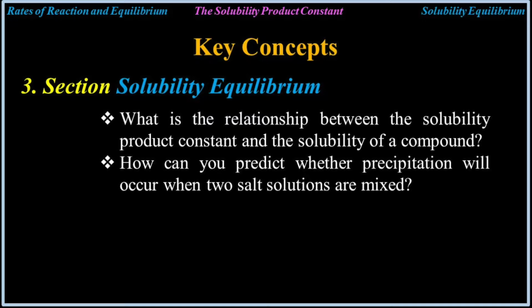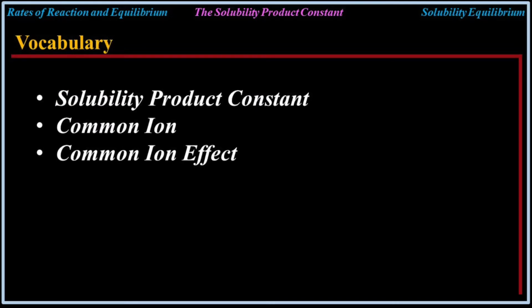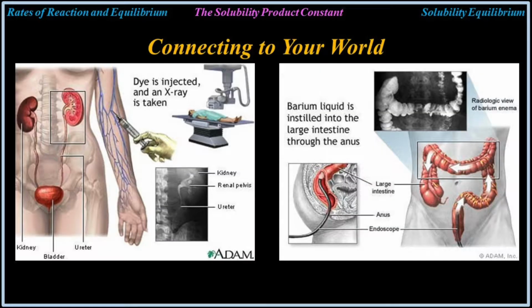What is the relationship between the solubility product constant and the solubility of a compound? And how can you predict whether precipitation will occur when two salt solutions are mixed? Solubility product constant and common ion effect are all the vocabulary for section 3.